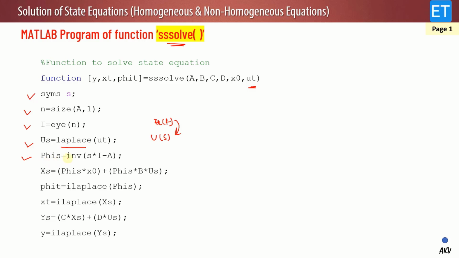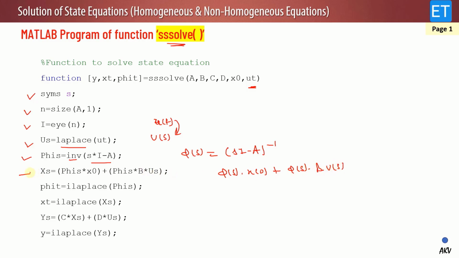With this line, phi(s) is found. Phi(s) is (sI minus A) inverse, if you remember. So I am getting the inverse of this matrix, and then this is X(s). This is your equation 3, which we have used in all questions: phi(s) into x0 plus phi(s) into B into U(s).